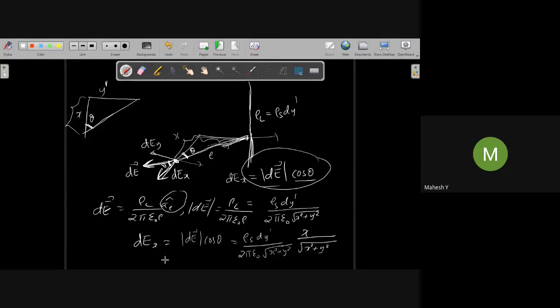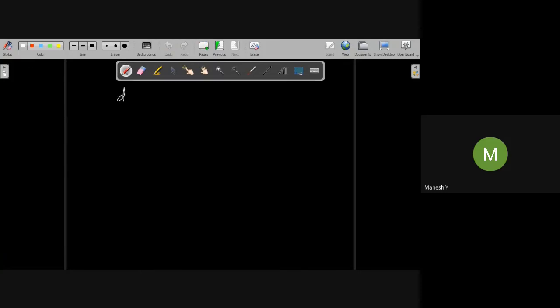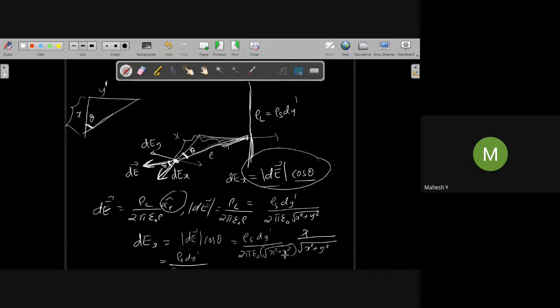I'll write on the new page. So dEx is equal to x rho S dy prime divided by 2 pi epsilon 0, and you have the square root of x square plus y prime square two times, so I can remove the square root.